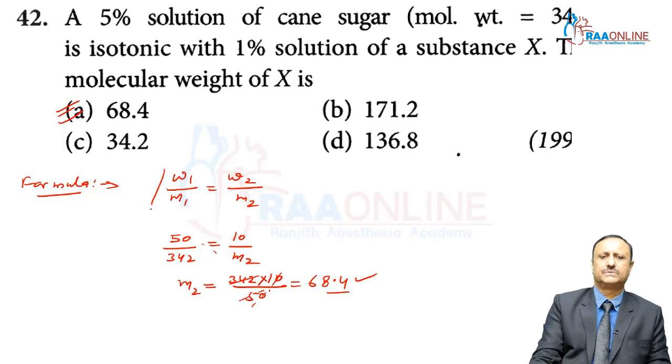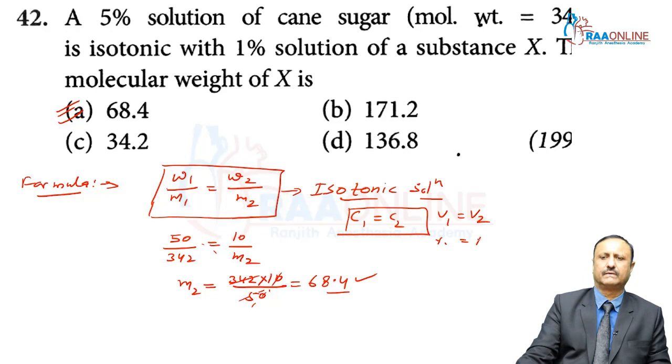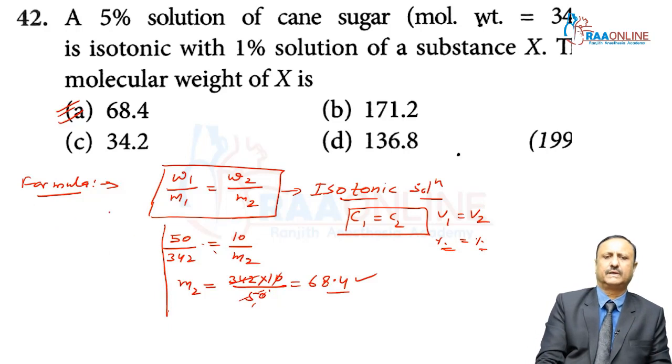We can use this formula, my dear students, when an isotonic solution is given in a numerical. Because the isotonic solution concentrations are the same, C1 is equal to C2, V1 is equal to V2. Here percentages are given, so it is not necessary to convert into liters.